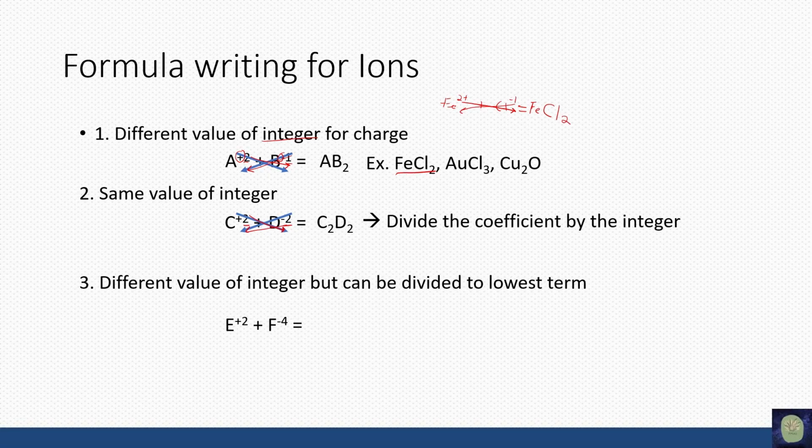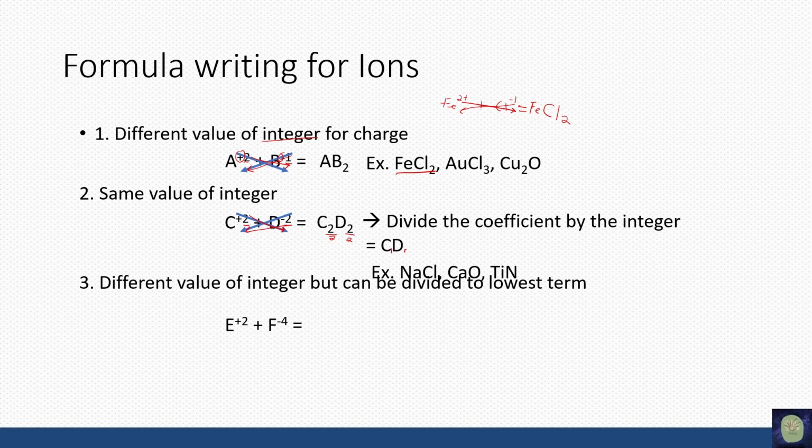But since this is similar terms, we can divide the coefficient by the integer itself, since they are the same. So we divide by 2, so it becomes CD, or there's an invisible 1 there. So remember, if 1 only, we do not write, right?